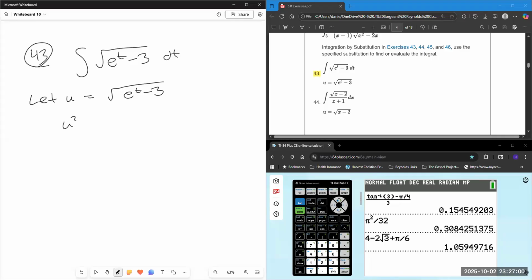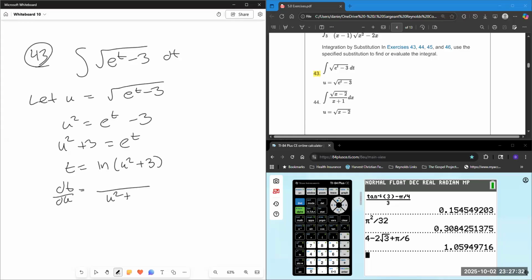That tells me that u squared is e to the t minus 3, and u squared plus 3 is equal to e to the t. t is equal to ln of u squared plus 3, so dt over du is 2u over u squared plus 3, so dt is 2u over u squared plus 3 du.